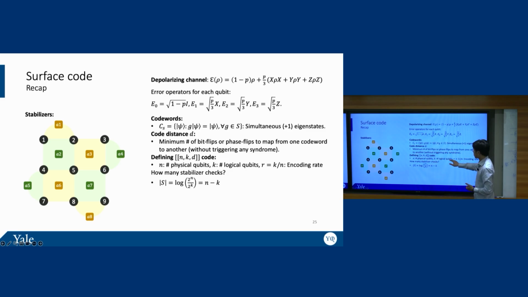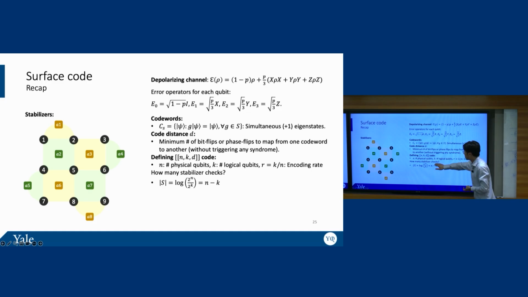And how many logical qubits it defines. The ratio between the logical qubits and physical qubits is called the encoding rate. Right? So we're using more physical qubits to define fewer logical qubits. And of course, if you have a larger encoding rate, that is more resource efficient. So we like to pick codes with a larger encoding rate.